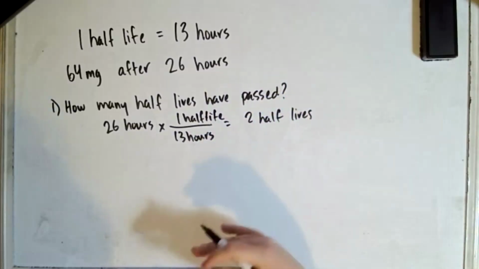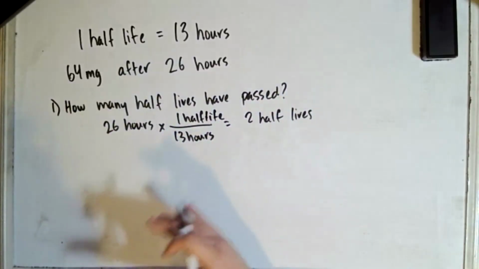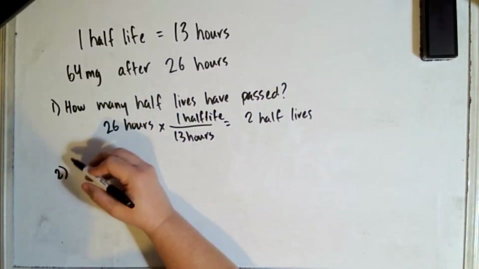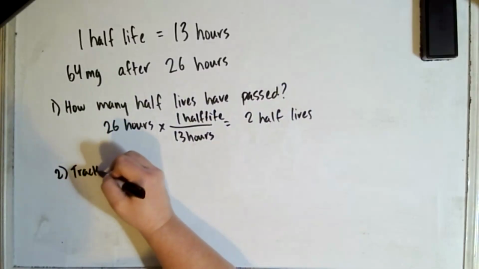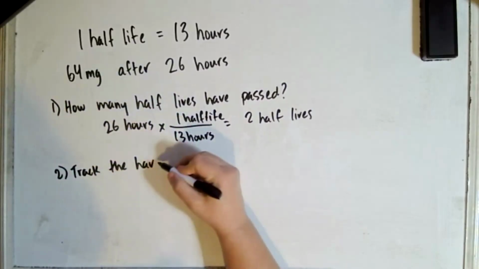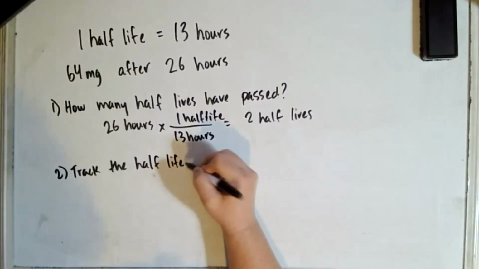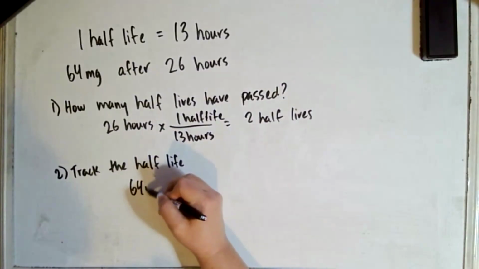I know it seems like a little bit extra to pull all of this out like this, but it's really helpful in not making accidental mistakes. Our second part of answering this question is going to be to track the half-lives. We're going to track how much of our original sample is getting used up at each half-life. Okay, so we start out with our 64 milligrams.